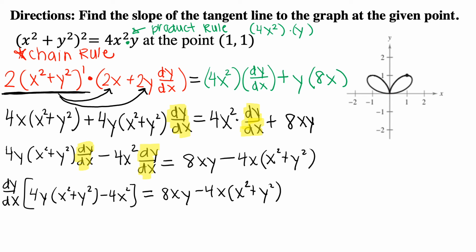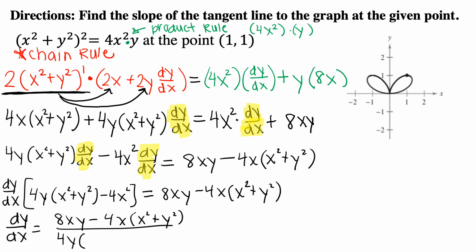Final step, just like before, is I can go ahead and divide, so I can write dy/dx, leaving my numerator as 8xy minus 4x times x squared plus y squared over, I'm going to switch it around again, 4y times x squared plus y squared minus 4x squared.